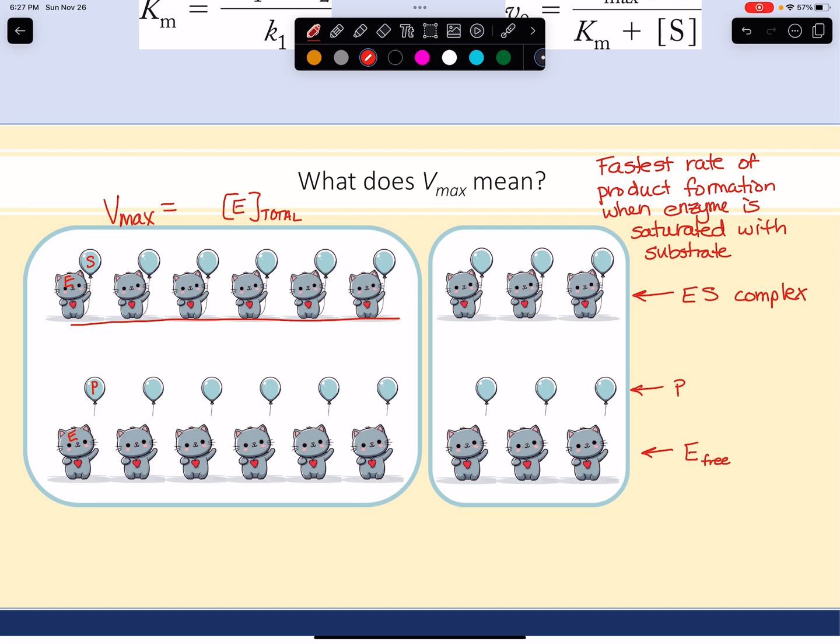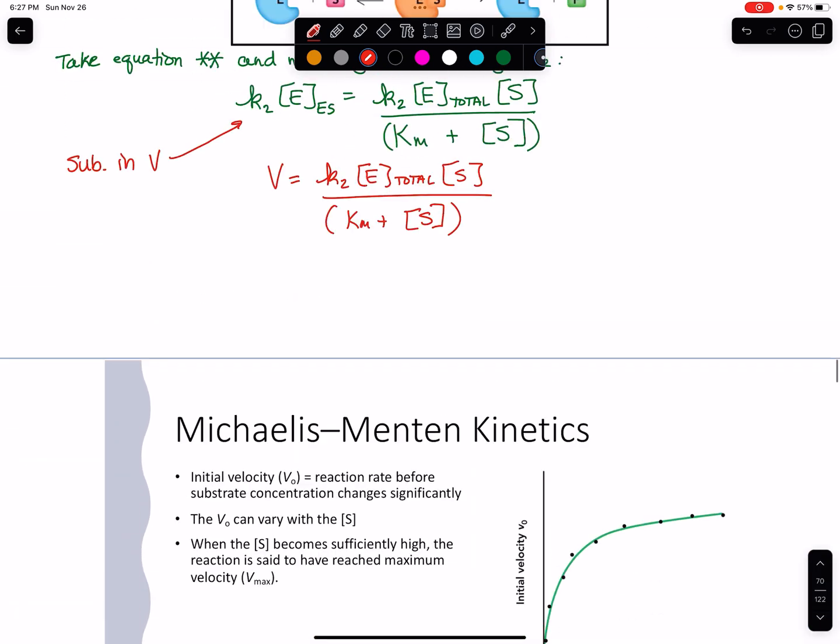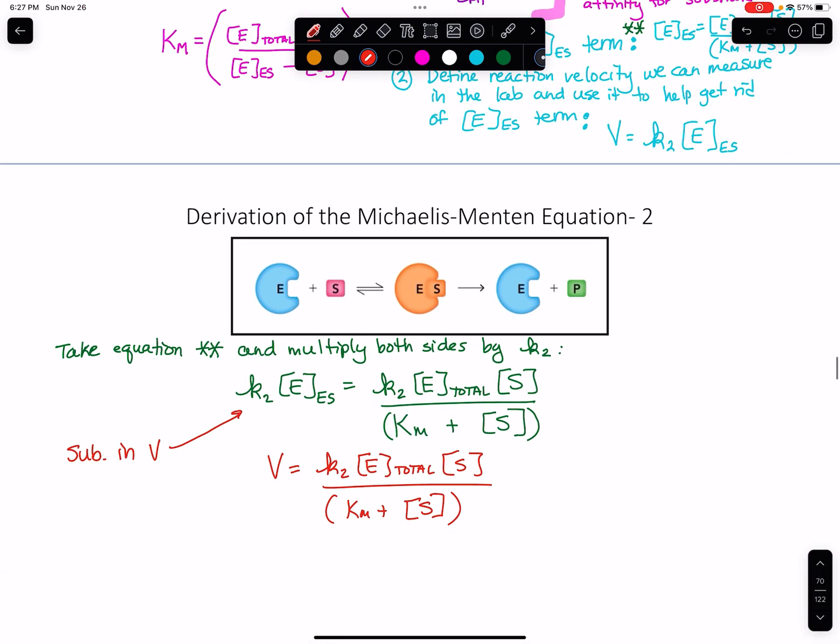And again, remember, K2 is the rate constant that tells us about product formation. So now let's go back. We're almost done with the derivation. We define our maximum velocity as equal to K2 times the total amount of enzyme.